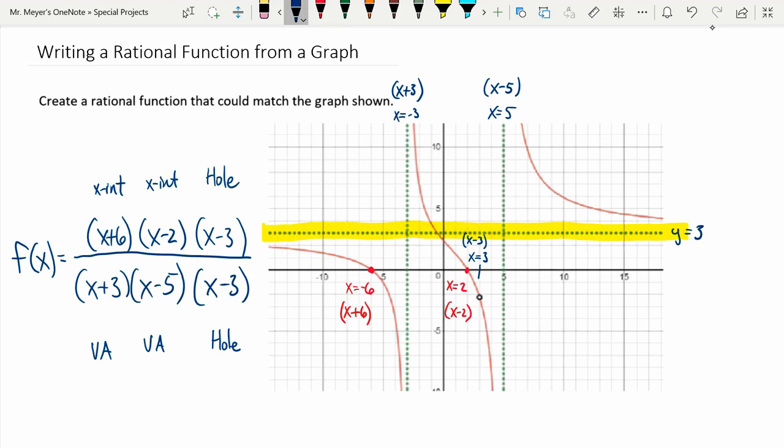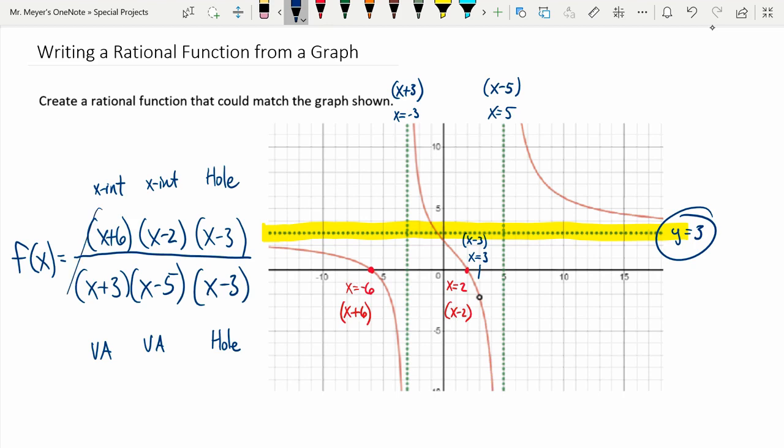A horizontal asymptote is going to occur at y equals 0 if the power of the numerator is less than the power of the denominator. Well, that's not the case here. We're going to have a horizontal asymptote occur at a non-zero value when the power of the numerator is equal to the power of the denominator.